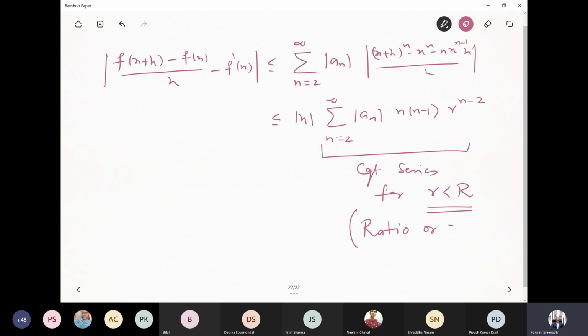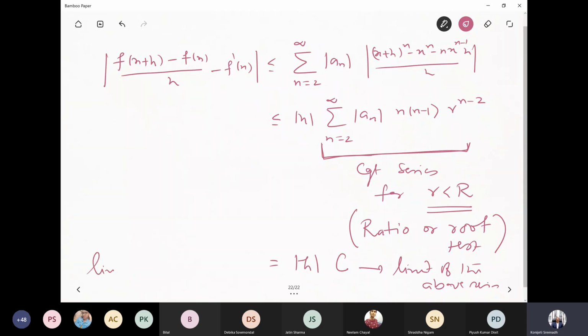This series is going to converge, so this is now a finite number. So this is |h| into some constant, which is the limit of the series above. If I take limit h goes to 0, this goes to 0. Therefore, the limit as h goes to 0 of this thing is going to be 0.